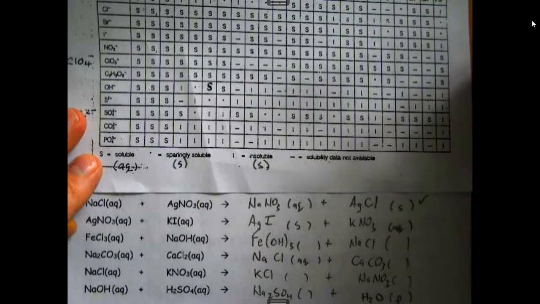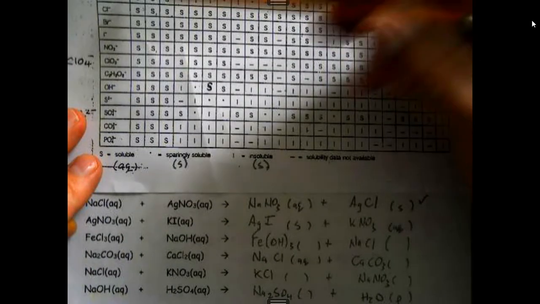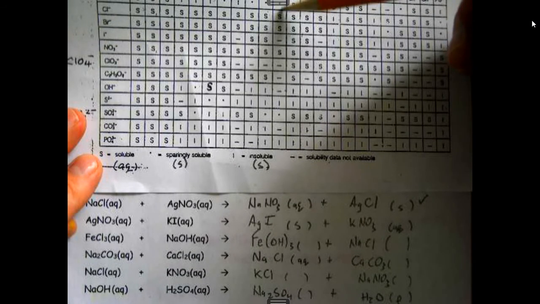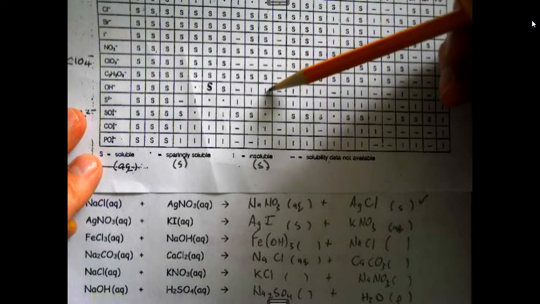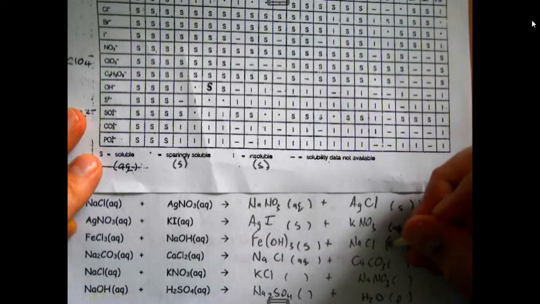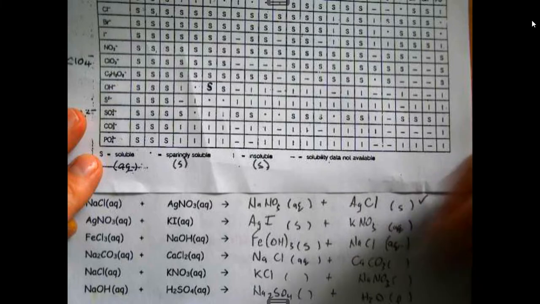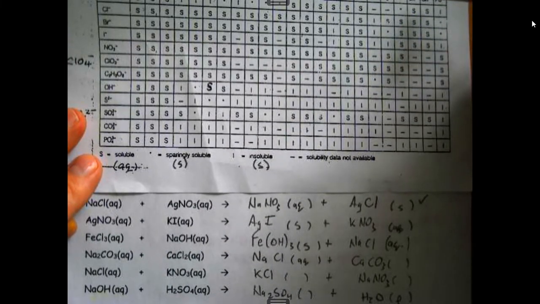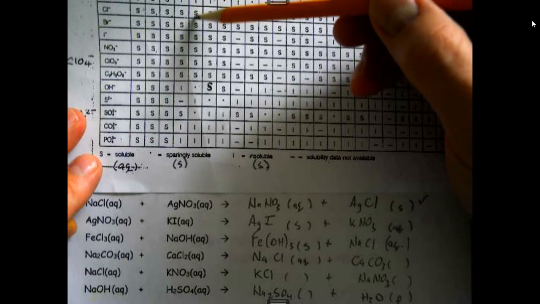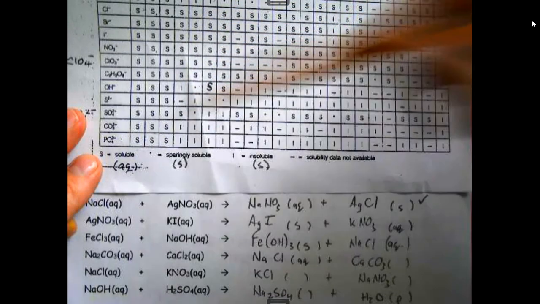Okay. Then Fe(OH)3, here, hydroxide, insoluble, so it's a solid, and NaCl is soluble. CaCO3, calcium and CO3, insoluble.